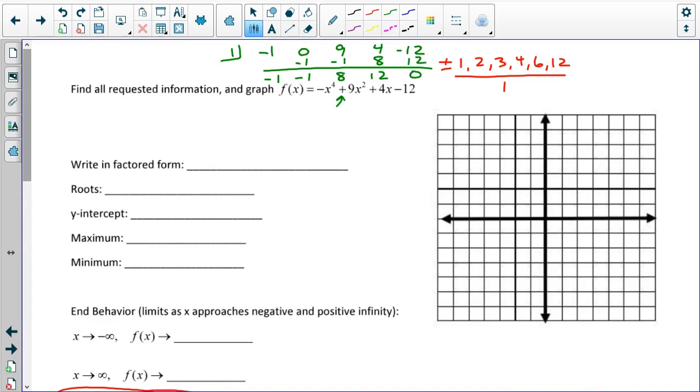I was wondering why that didn't look like it was going to work. So because I have a 0 for my remainder, that means that that is a factor. So I can partially factor this at the moment. So I have x minus 1 times -x cubed minus x squared plus 8x plus 12.